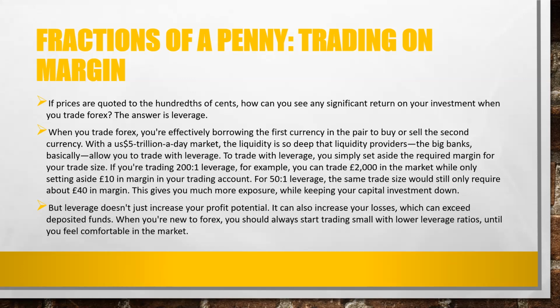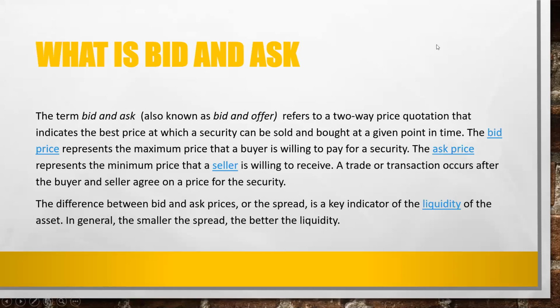This gives you much more exposure while keeping your capital investment down. But leverage doesn't just increase your potential profit, it can also increase your loss, which can exceed deposited funds. When you are new to forex, you should always start trading small with lower leverage ratios until you feel comfortable with the market. So now we want to talk about what the bid and the ask price are.